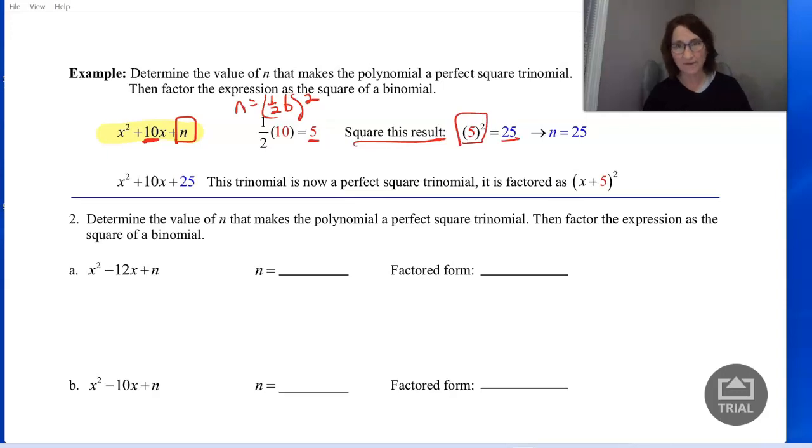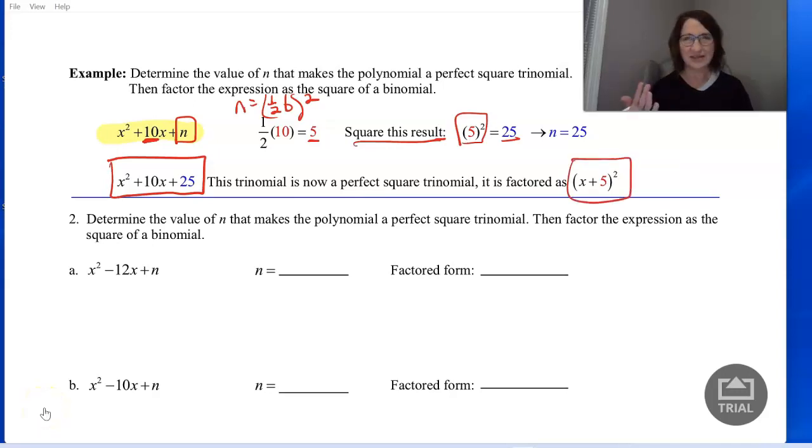So our n is 25. So our perfect square trinomial becomes x squared plus 10x plus 25. Then to factor it, that's just going to be x plus 5 raised to the second power. That 5 is always going to be 1/2 of that middle term.